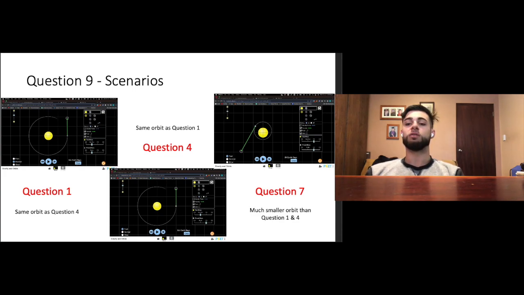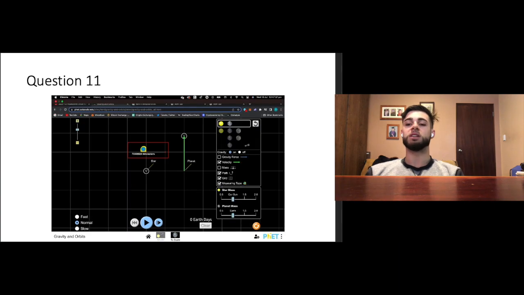Moving on, for question 11, as can be seen in the attached image, the distance covered for each grid area is approximately equal to 73,336,625 kilometers, which when converted to astronomical units is approximately equal to 0.49 AU.